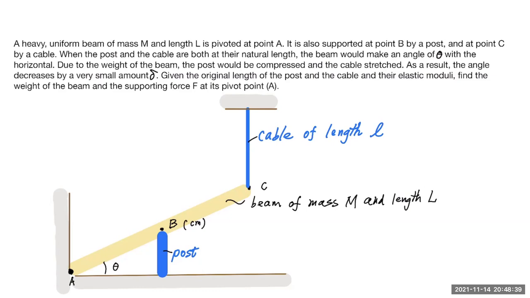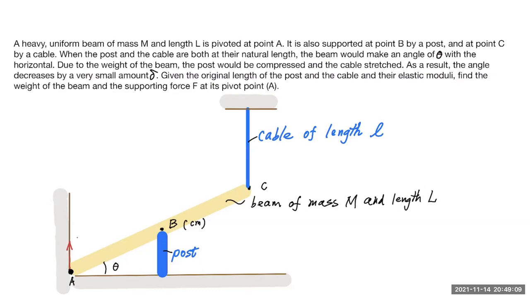There is no horizontal force at points B and C, and therefore the supporting force at point A has to be in the vertical direction as well. Otherwise, you have a net horizontal force, and that's not allowed. So the force F, the supporting force at point A, must be vertical. I don't know what it is, but we do know it's vertical. So let me label that.